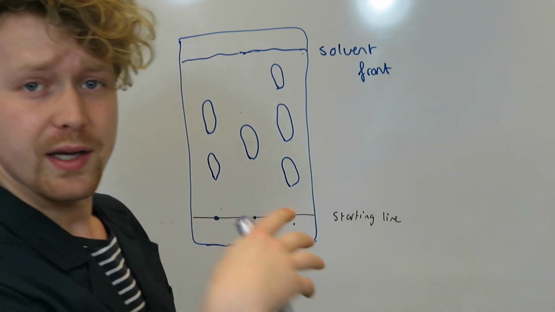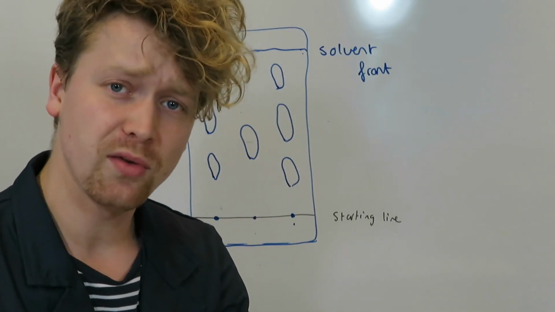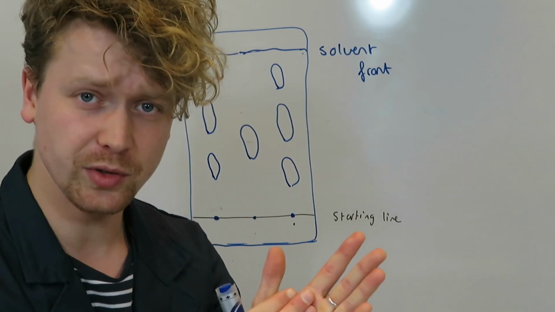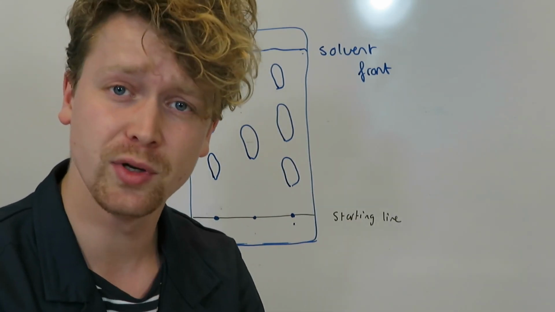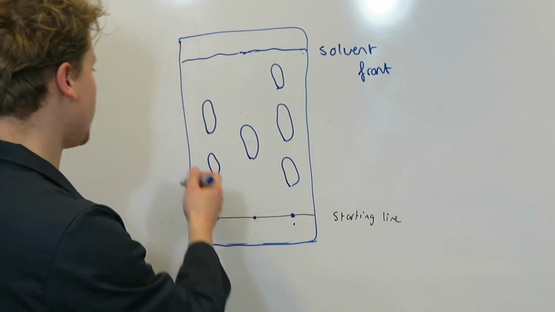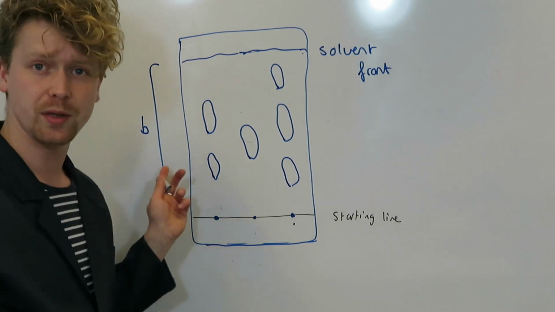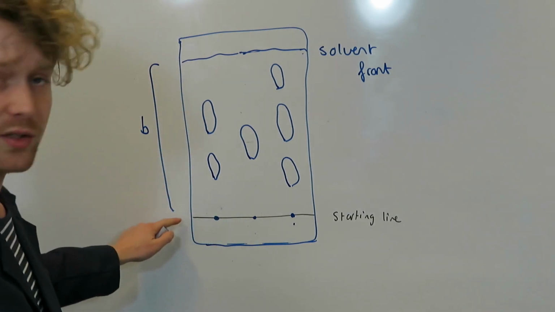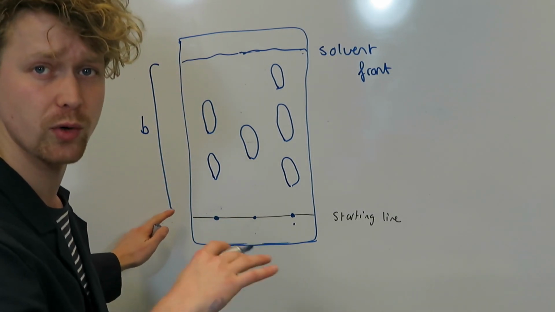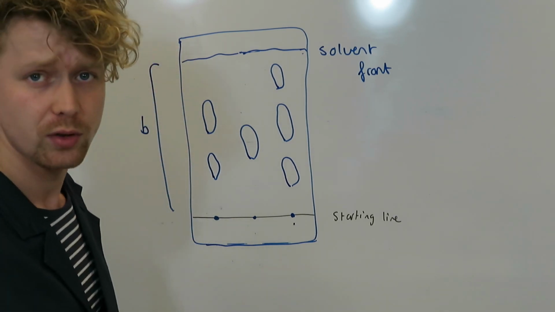I can calculate what's called an RF value, and the RF value is typical for a substance in a specific eluent, loopvloeistof. How can we calculate the RF value? Well, we should take this distance, and this is distance B, the distance from the starting line, so the place where we put the dots, all the way up to the solvent front.